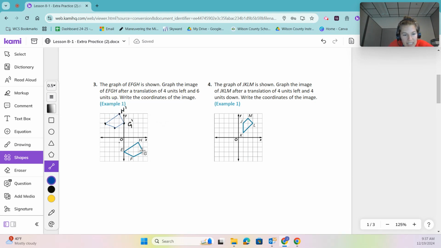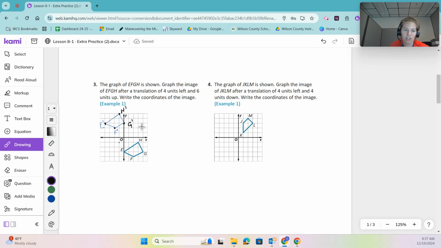From H to G, the slope is 2 over 1, and it's a negative slope, and that's the exact same. And then from F prime to E prime is 1, 2, and that's a negative slope, and that's exactly the same on both. So you can use some of that to help you determine if you're accurate or not.